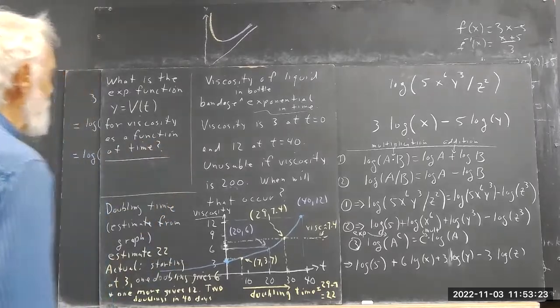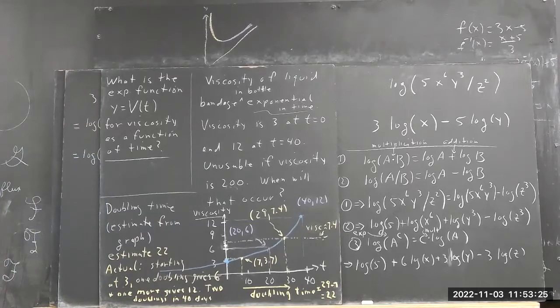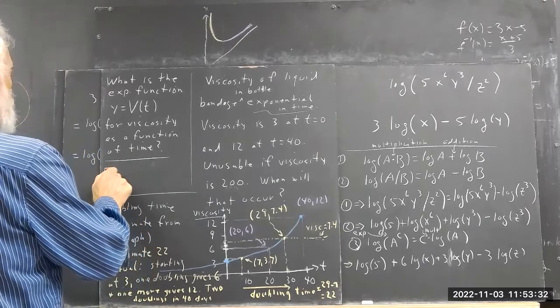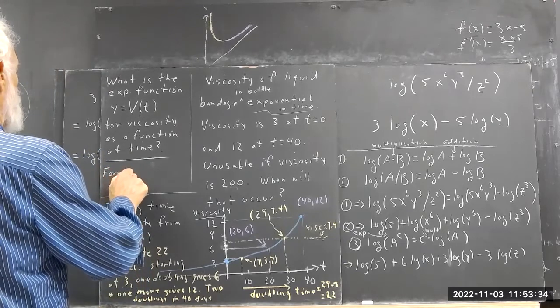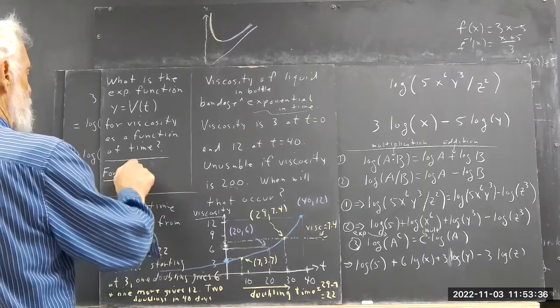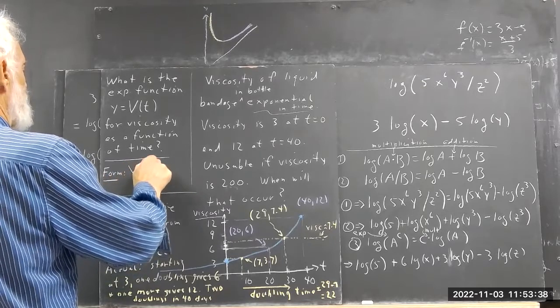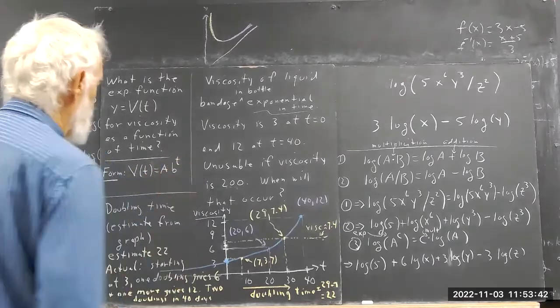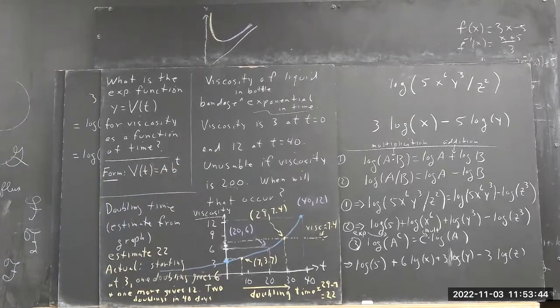As a function of time. How do we do this? It's an exponential function, so we're going to have V of t equals A times B to the t.